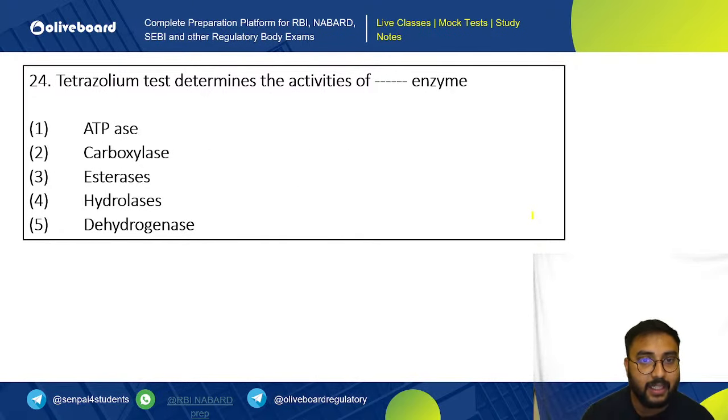Tetrazolium test determines the activities of dash enzyme: ATPase, carboxylase, esterase, hydrolase and dehydrogenase.